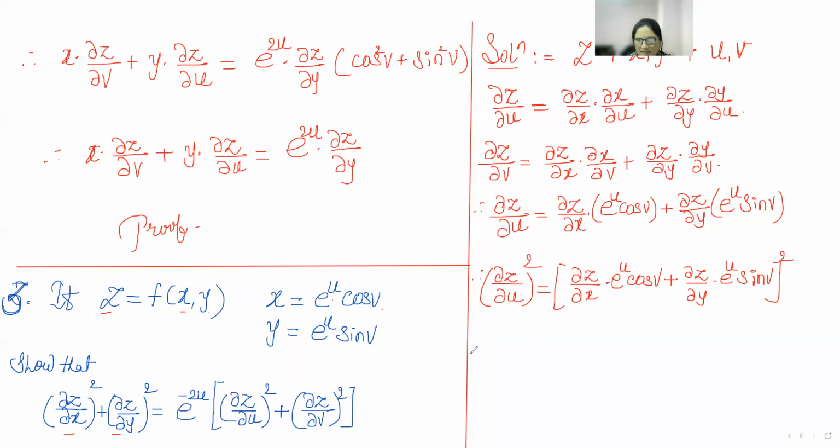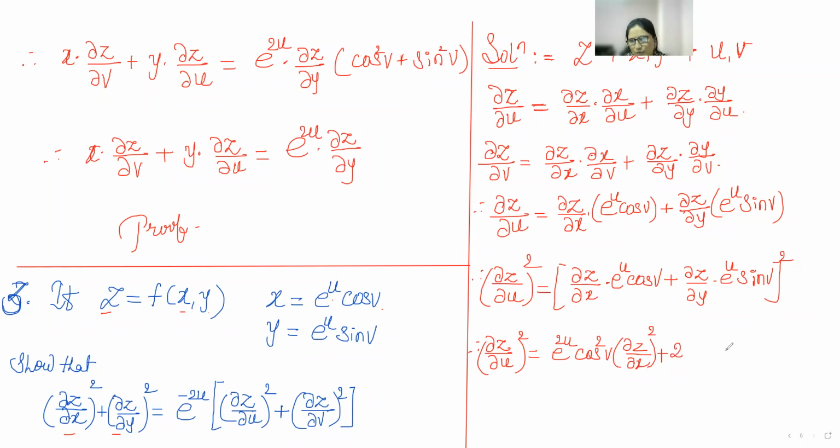Okay. So let us find the square of that bracket, which is a plus b bracket square. A square, that is e raised to 2u cos square v into dou z by dou x bracket square plus 2 into ab.